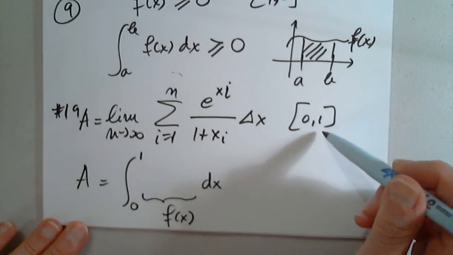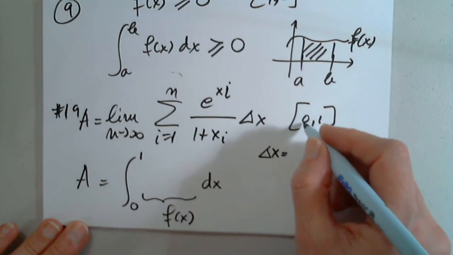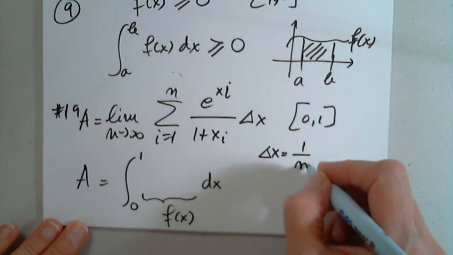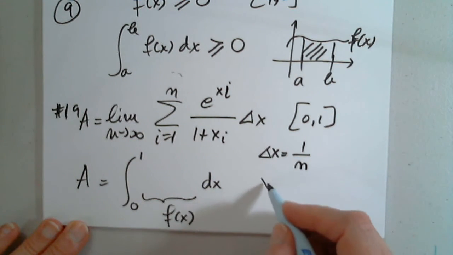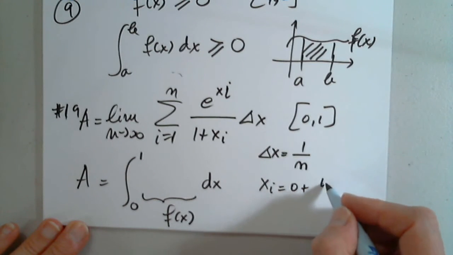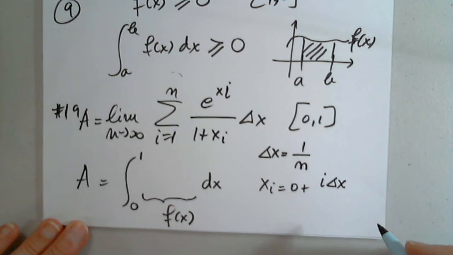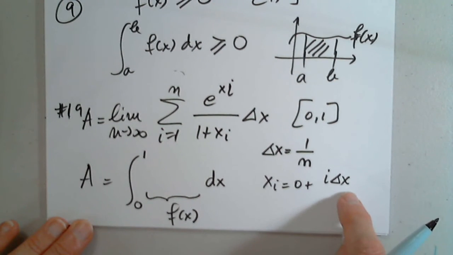So now let's determine delta x. We know that delta x is (1 minus 0) divided by n, with n going to infinity. And x_i will be 0 plus i delta x. We know this from last time. If you need me to explain again, I will.